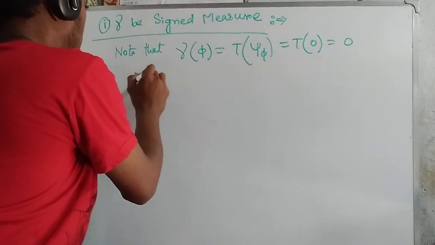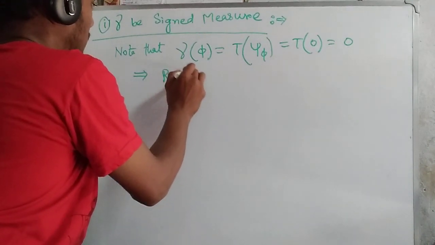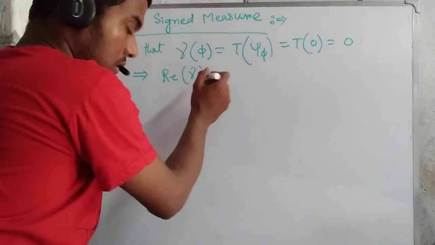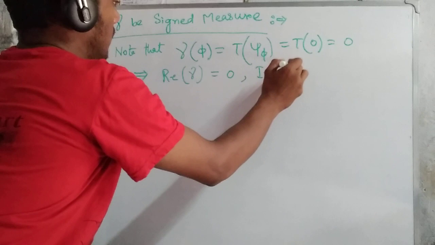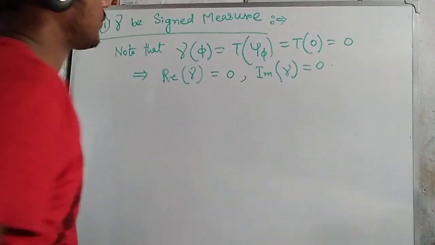This implies that real of gamma equals 0 and imaginary of gamma equals 0.